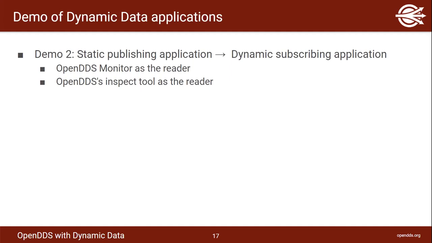The second tool is called opendds-monitor. This one is a relatively new tool that we are working on, which can create a dynamic data reader to subscribe to any topic in the domain it wants to listen to.